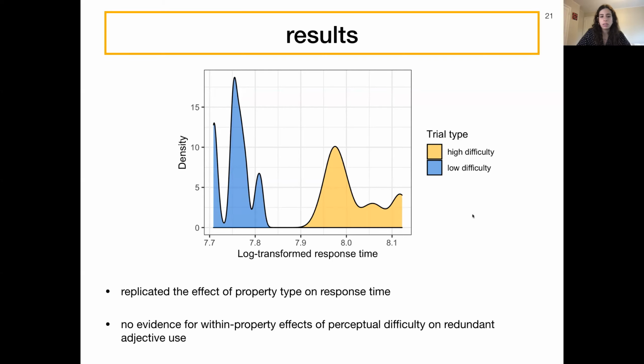So this analysis suggests that there's no evidence for within property effects of perceptual difficulty. And you see here the lack of overlap of the two distributions in terms of perceptual difficulty. So the property type explains the difference in redundancy with no added explanatory power from perceptual difficulty.